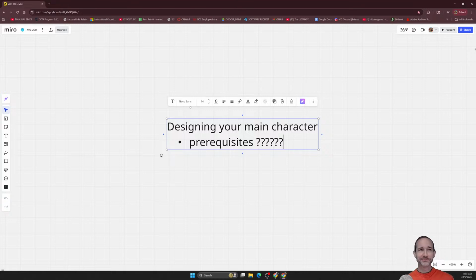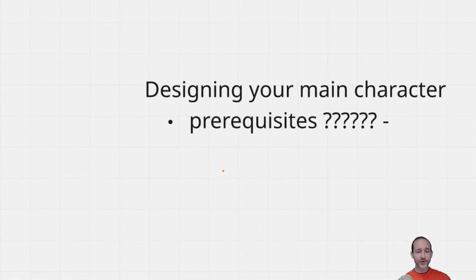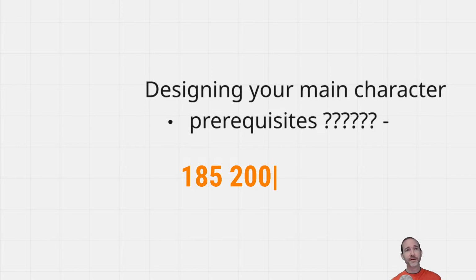So this is an ongoing problem. The idea of prerequisites, that you would take things in a very specific order, is obviously the best case scenario, right? In a perfect world, which doesn't exist, has never existed, and will never exist, I would have everybody take 185, which is 3D modeling, before they took this class, which is 200, right?